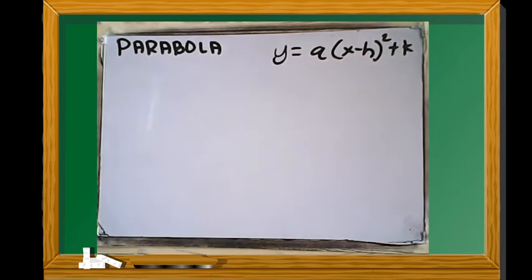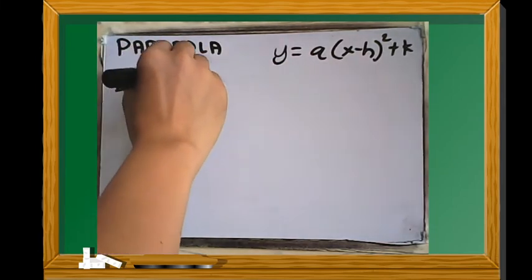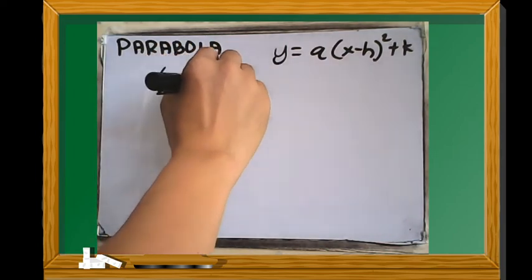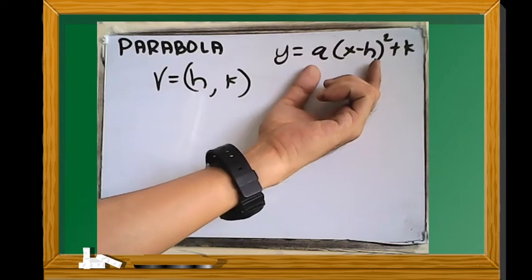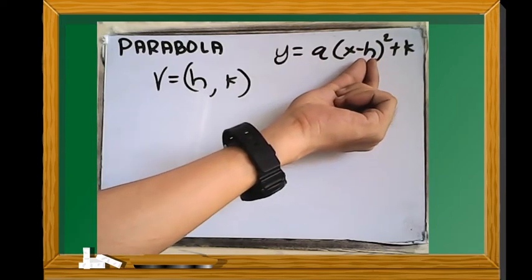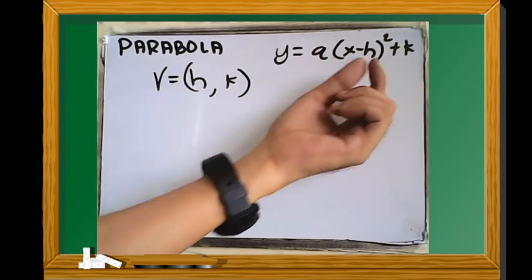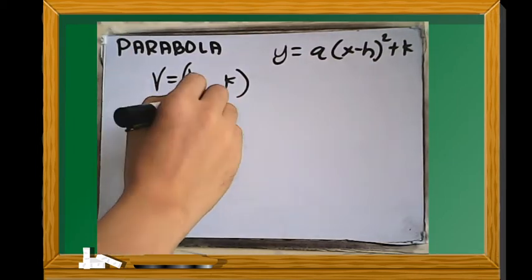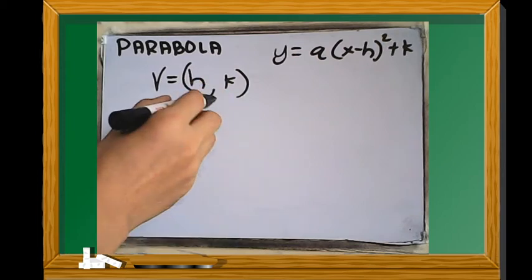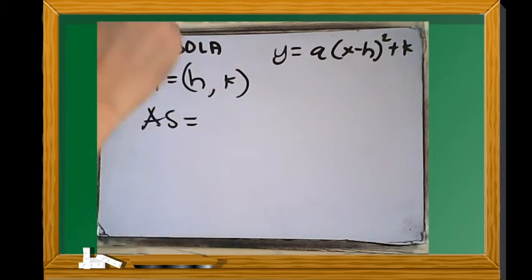So if we say vertex, to find the vertex, that is h, k. So in this form, we can easily identify h and k. So that is our vertex. And then for the axis of symmetry, that is just simply the value of h.